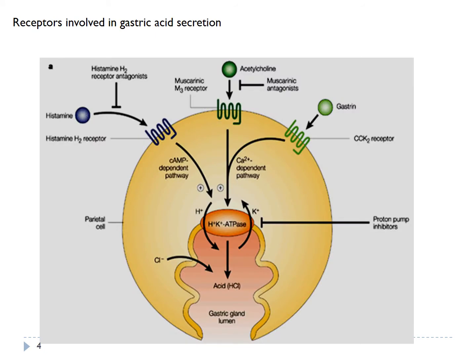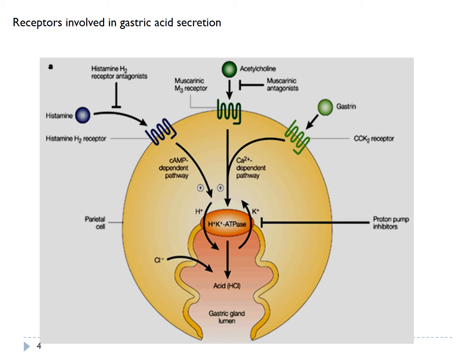The gastric acid secretion in the parietal cells is controlled by several receptors. The H2 receptors are activated by histamine through the cyclic AMP pathway. The second one, the muscarinic receptors, M3 receptors, are activated by acetylcholine, and the CCK2 receptors are activated by gastrin.